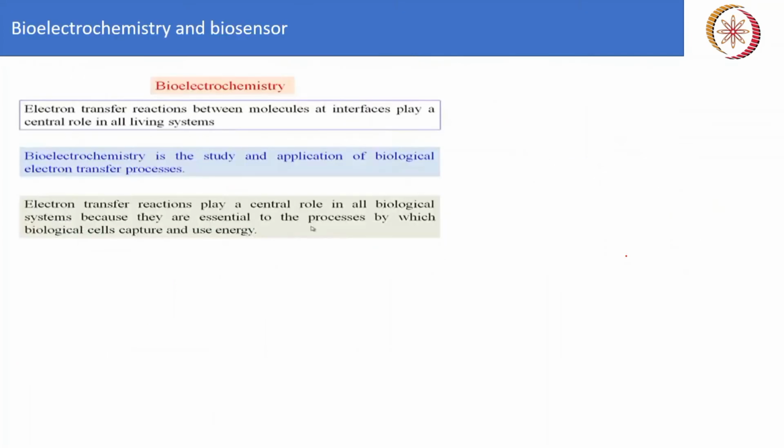After that we will discuss bioelectrochemistry and biosensors, which is one application of electrochemistry. Whatever electron transfer process is going on in a living system, some function is going on because of it. The study of biological electron transfer processes, in vitro and in vivo, is a branch known as bioelectrochemistry, which is basically the electrochemistry of biomolecules.